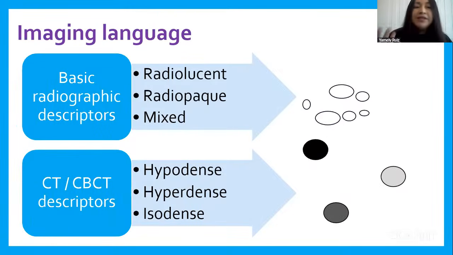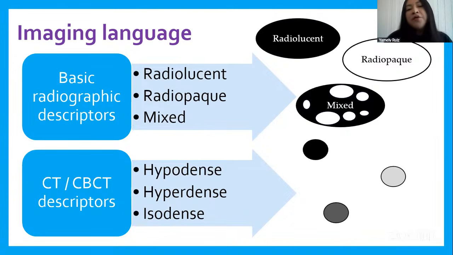To understand this topic, we begin by establishing the imaging terminology used in the two main dental imaging modalities: radiography and computerized tomography, or CBCT. The basic radiographic descriptors are the terms radiolucent, radiopaque, and mixed. Radiolucent means that the image we are seeing is black or darker than the adjacent tissues.